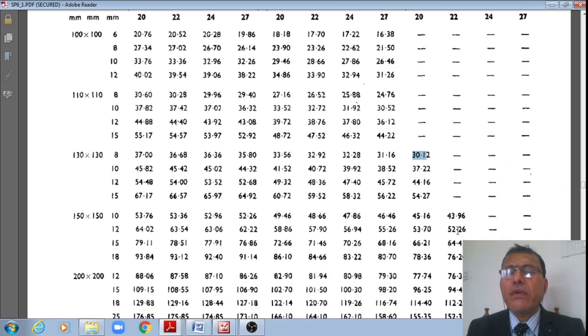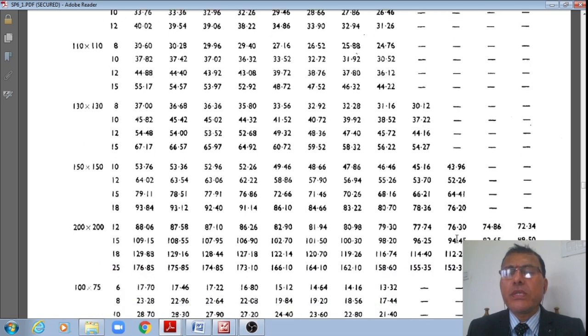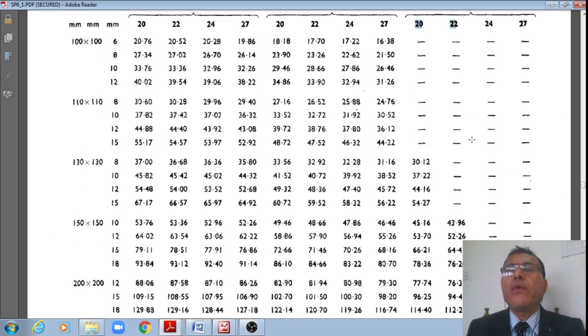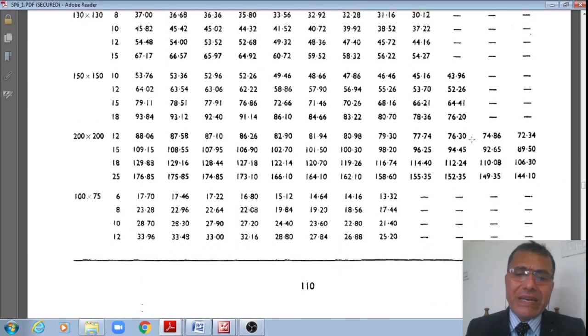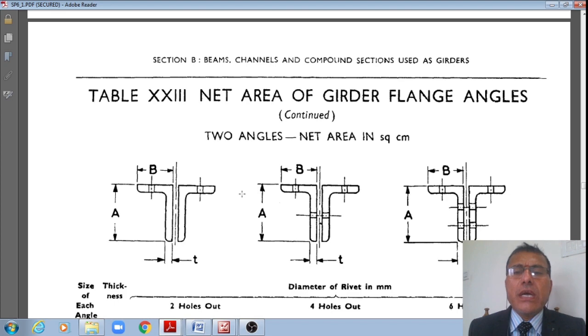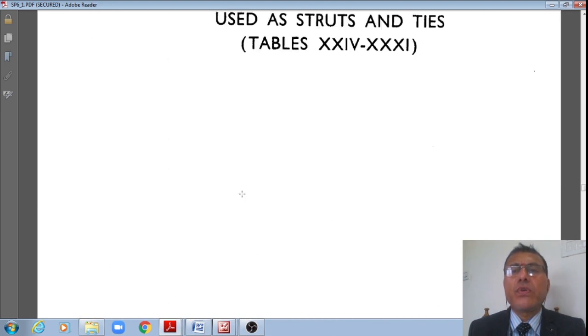Not for 22, right? Whereas if you move forward with 150 by 150, yes, 20 and 22 both can be used. That is how slowly, if you move to 200 by 200, all 20, 22, 24, 27 rivets or bolts can be used, right? That is how it furnishes the net areas after deduction of these rivet holes, right?